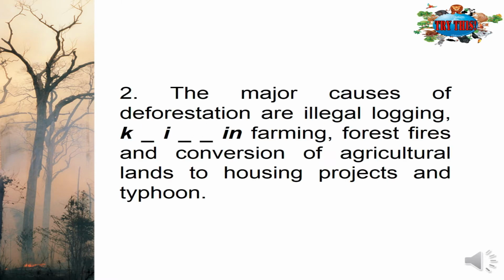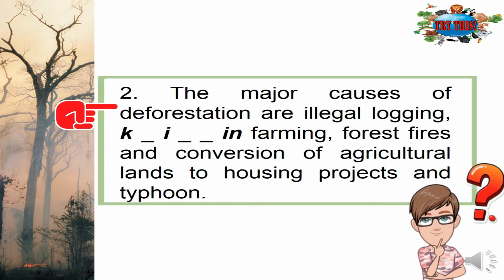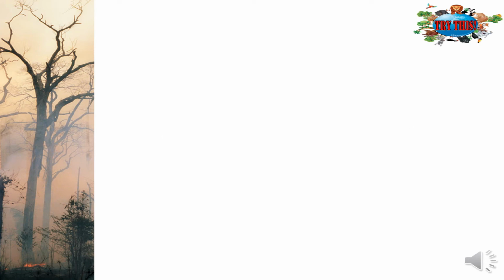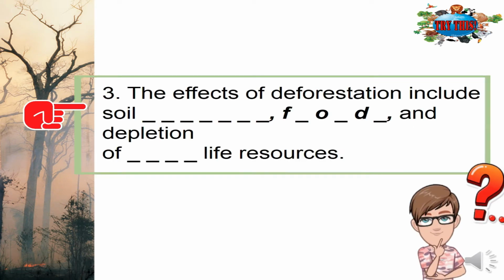Two. The major causes of deforestation are illegal logging, farming, forest fires, and conversion of agricultural lands to housing projects and typhoon. 3. The effects of deforestation include soil and depletion of life resources.